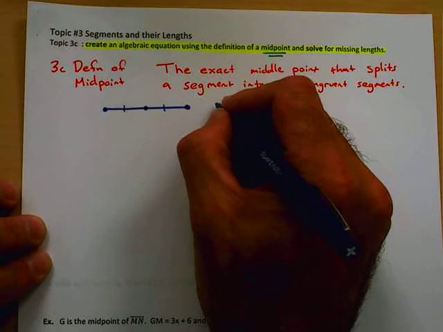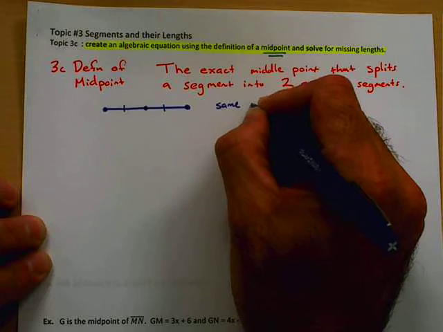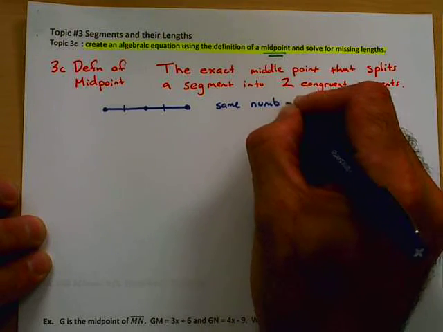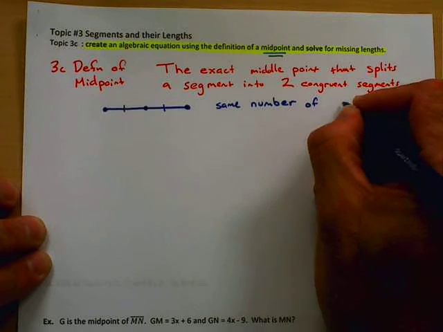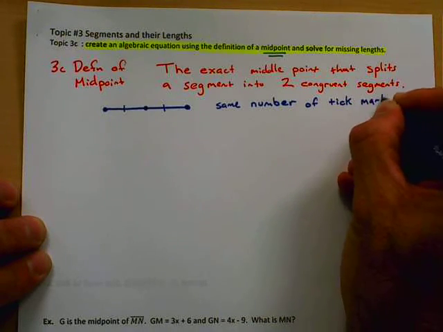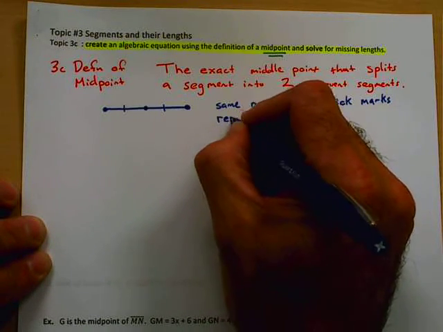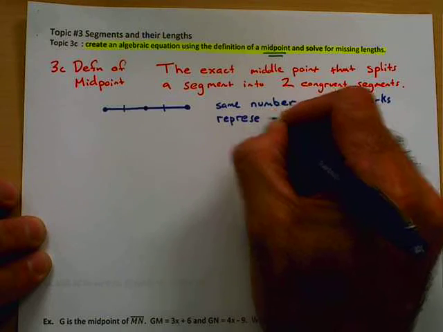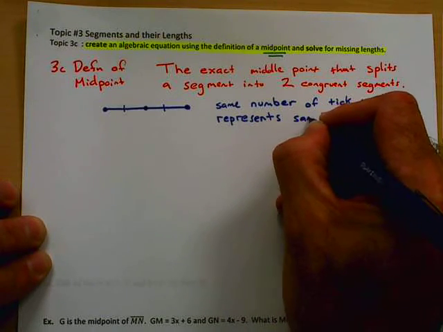As long as you have the same number of tick marks, that indicates that they are congruent. So the same number of tick marks represents the same segment length.